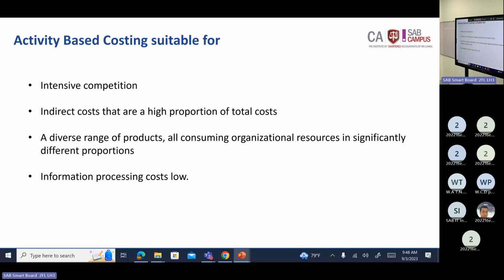At such a time, you go ahead with the traditional system. But if you are anyway having ERP and still using traditional absorption, you better go for activity-based costing, so that will not give you additional information processing cost. Something like that.